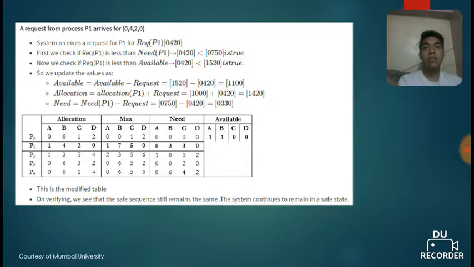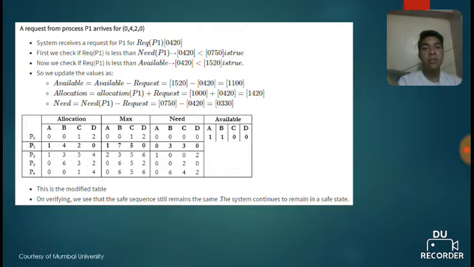Our request from process P1 arrives for 0420. First, the system receives a request from P1 of 0420. We check if request P1 is less than or equal to need P1, which is 0420 less than 0750, true.